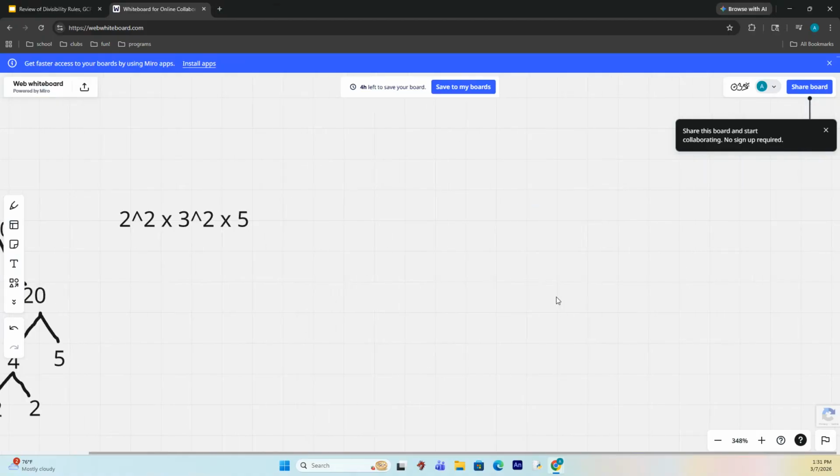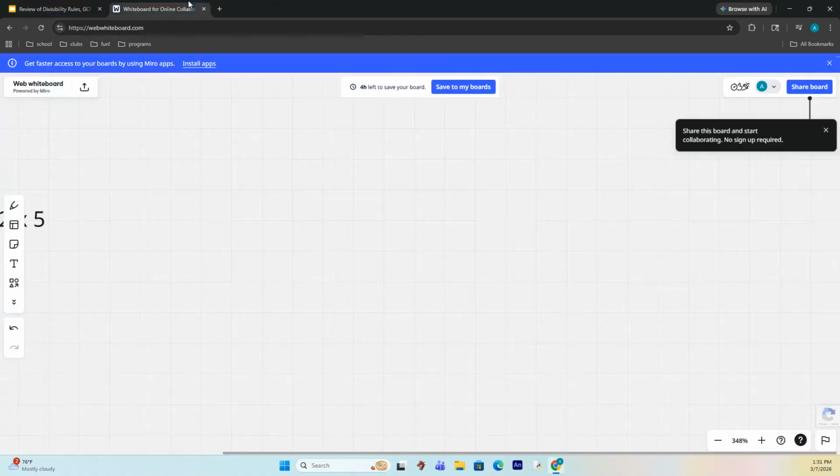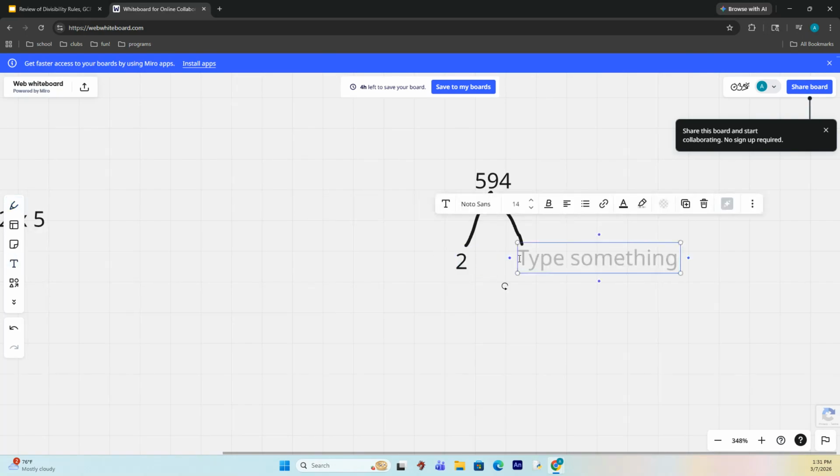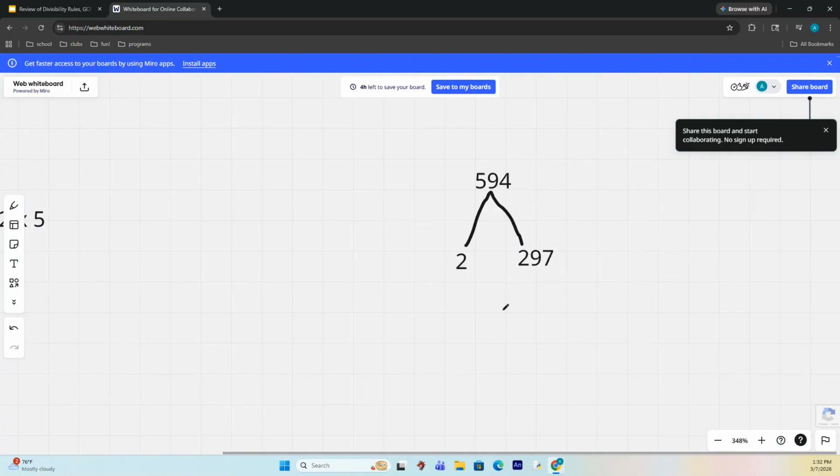Similarly, over here, if we were to do the same for 594, again, make sure that you use your paper whenever you need it. Dividing this into smaller numbers really does help. 2 and 297, and while 297 may appear prime just by the way it looks, it's important to remember divisibility rules here. So 2 plus 9 plus 7 equates to 18, which is divisible by both 3 and 9.